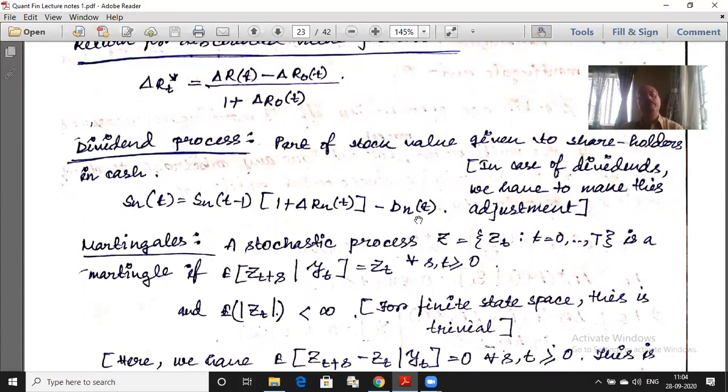So typically what happens is, in the market, when the dividend is announced, there is a reduction in the stock price. The reduction in the stock price in this simplified setup is exactly equal to the dividend amount, but that does not always happen. Because the announcement of dividend also has a news value in terms of information. And the stockholders also take account of that information and change their expectation.